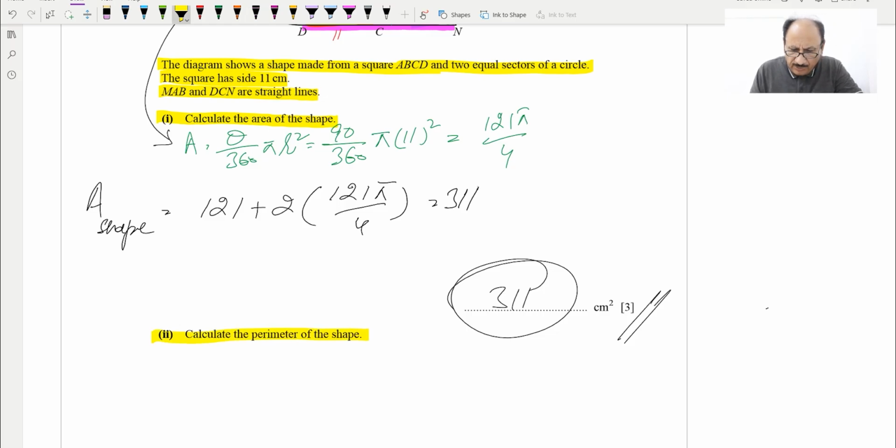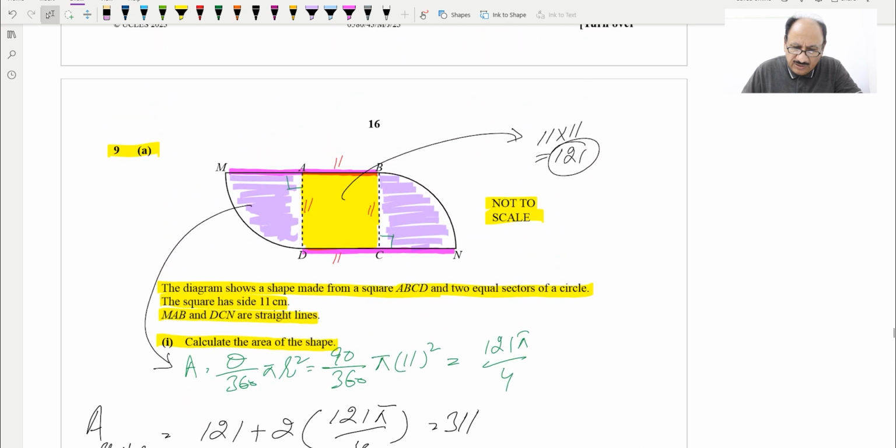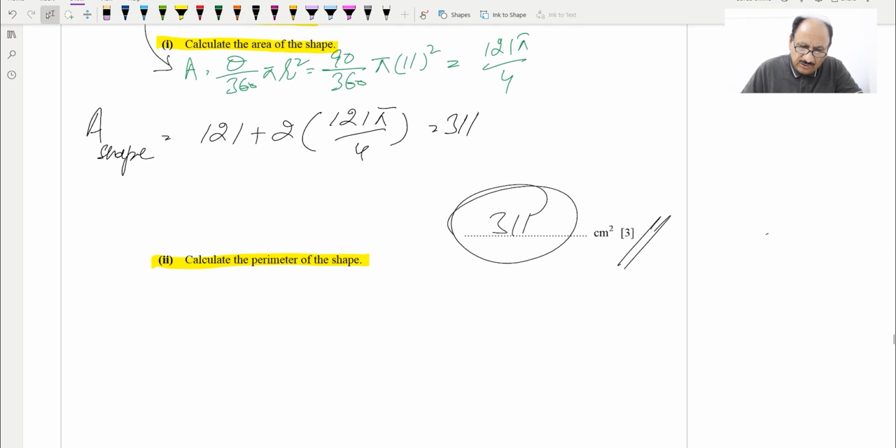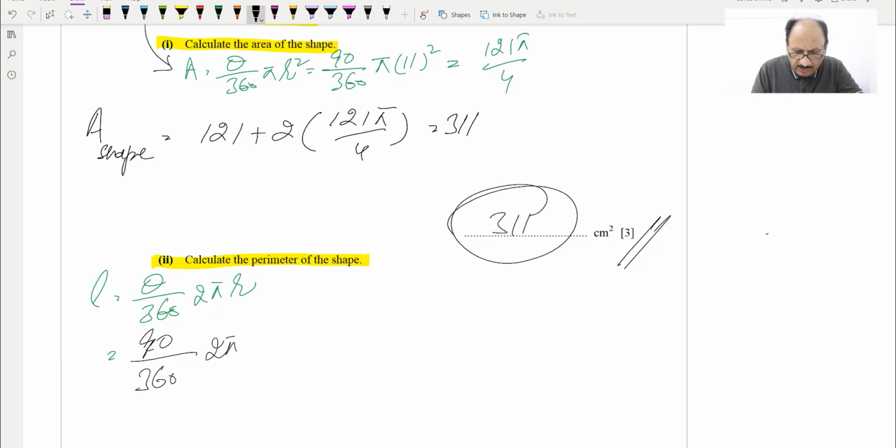Second part, calculate the perimeter of the shape. For the perimeter of the shape, we require all the boundary lines, and if we check, this is also 11, so the arc length will be required. For arc length, we can apply the formula L is equal to theta over 360 into 2 pi r. This will be 90 over 360 into 2 pi, and r is 11.